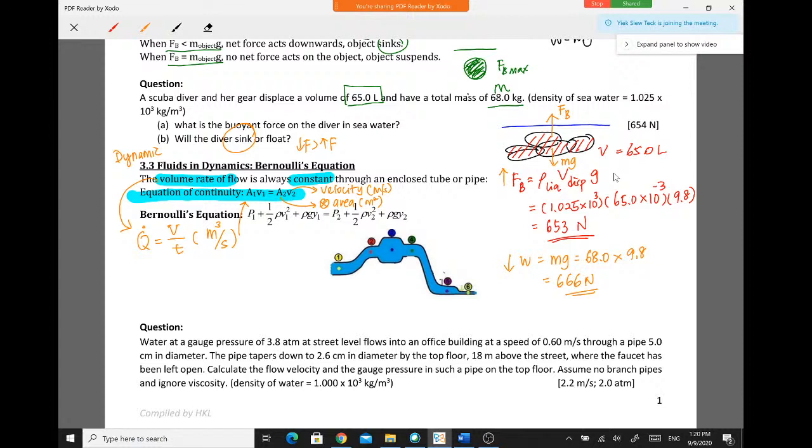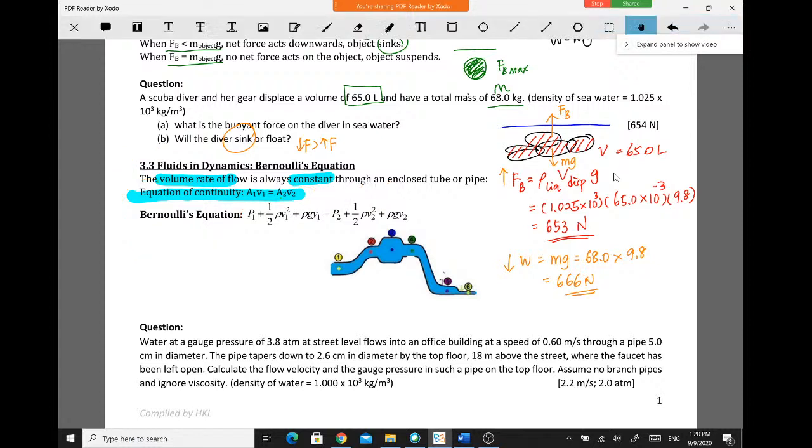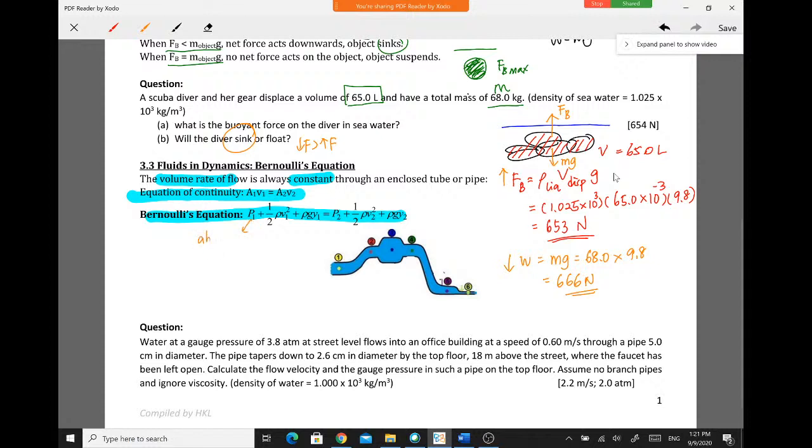Following from this equation, the main equation for Bernoulli is this long and complicated one. P is the absolute pressure in the unit of Pascal, plus half rho V1 square.